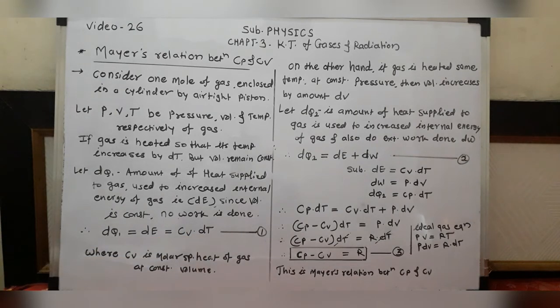This is equation number 3, and this equation is known as Mayer's relation between Cp and Cv, the specific heat at constant pressure and the specific heat at constant volume.